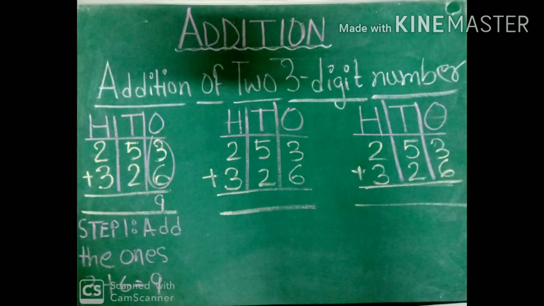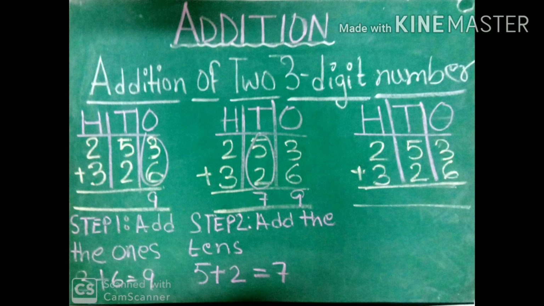Step number 1. Add the ones. That is 3 plus 6, which gives us 9. Step 2. Add the tens. 5 plus 2 equals 7.